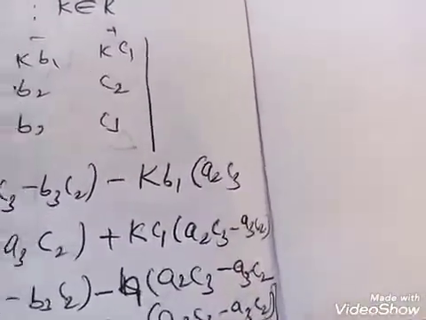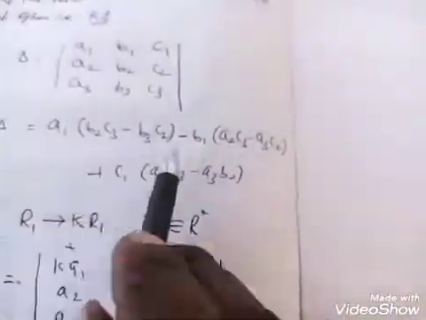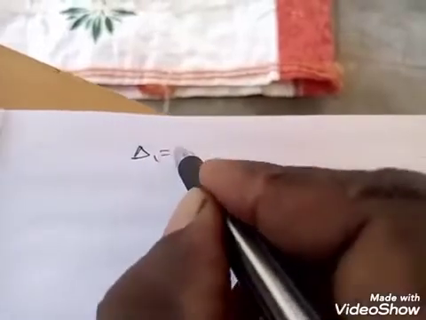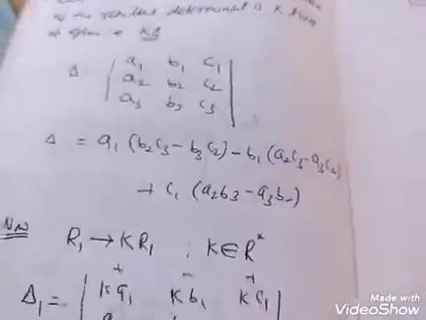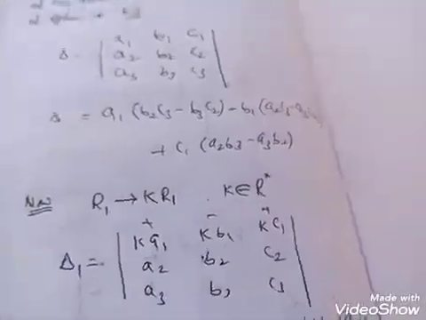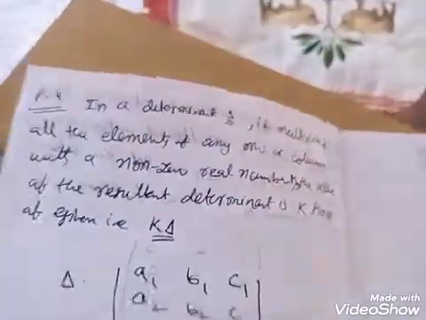Now observe what you got here: the same thing as delta. That is nothing but, you can write, delta 1 is equal to K delta. This is the proof. Observe, here is one of the most important things: by using this property, we can write a determinant as a scalar multiple of the determinant.